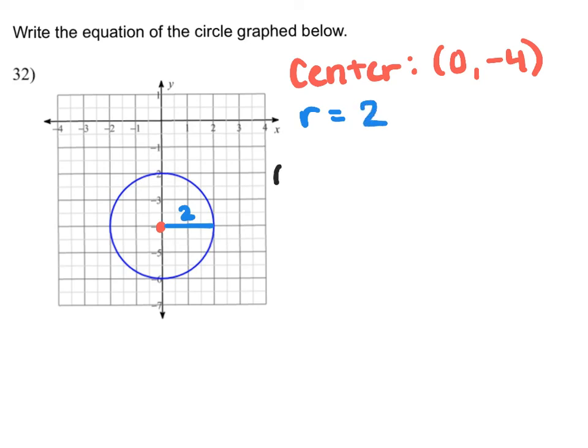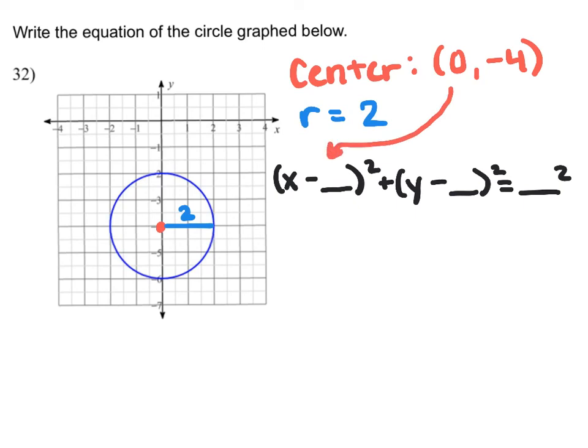So if I fill out my general form of the equation, I'm going to fill in the blanks. I can fill in the x coordinate in the first blank, the y coordinate in the next blank, and then my radius fills into the last blank.